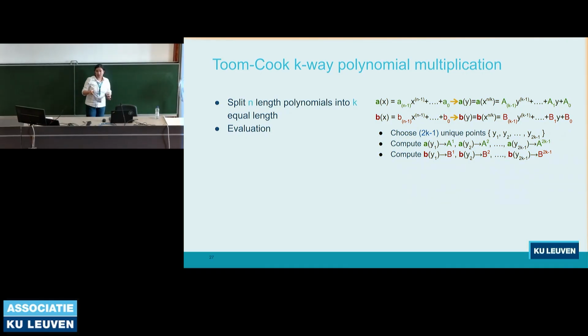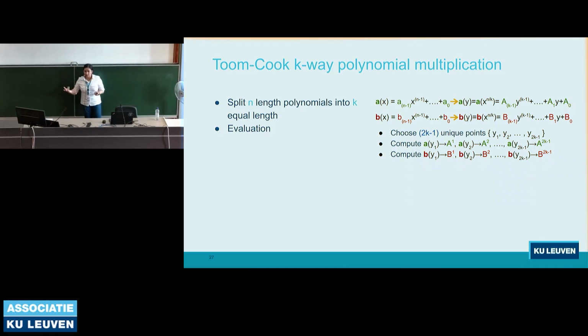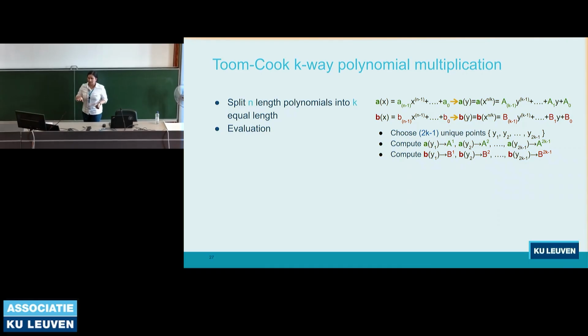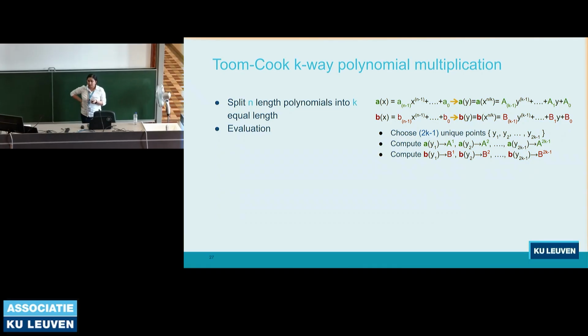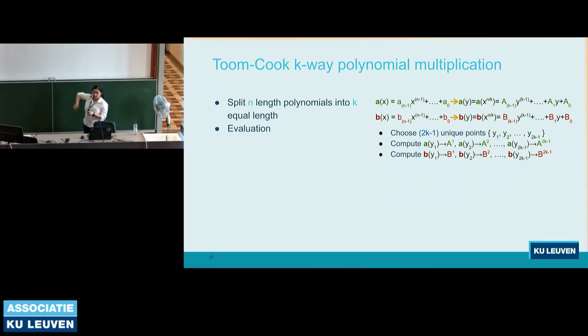I would need to choose 2k minus 1 points. It's similar to how we did for 2-degree polynomials, where we had to choose 5 coefficients, right? 5 points, right? It's very similar. And by doing that, we compute the point representation of those polynomials.